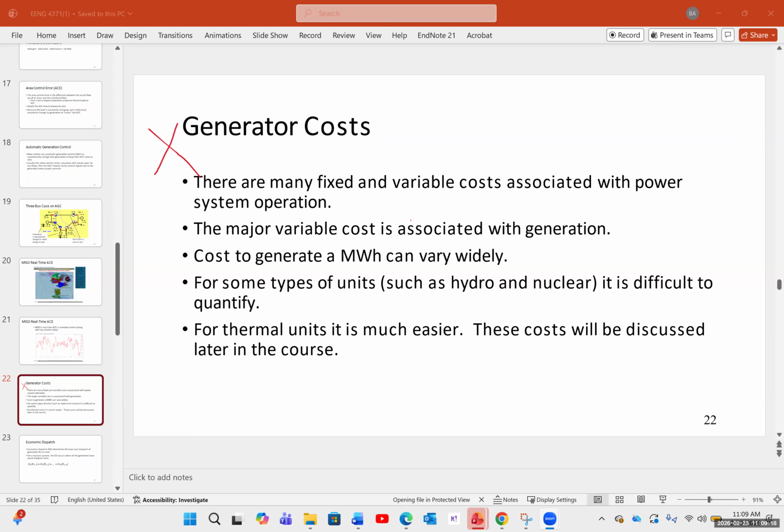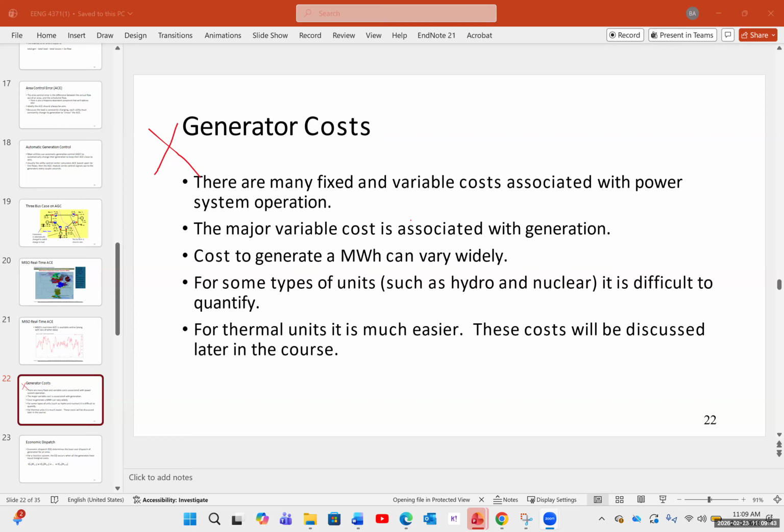So what is a generator cost? When producing electricity, we have many fixed and also variable costs associated with power system operations. Some systems have higher initial costs, like nuclear or hydro, but their operation cost is lower.